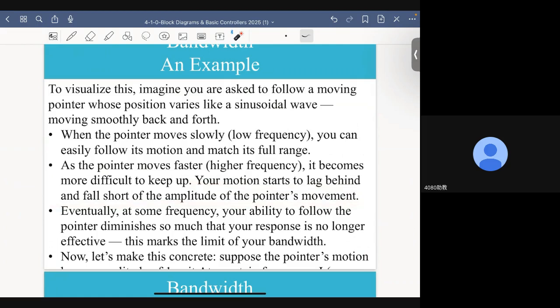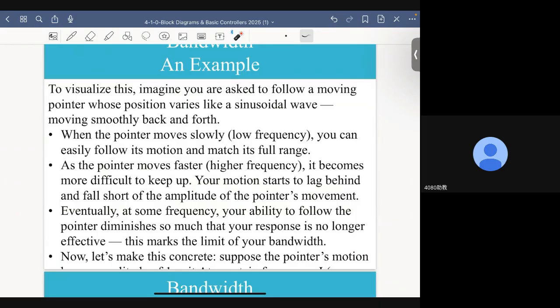If I cannot match the moving speed of the pointer, it is possible that the pointer is here, and my body is still here because I cannot move fast enough.